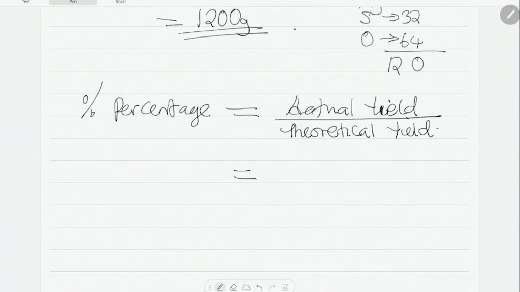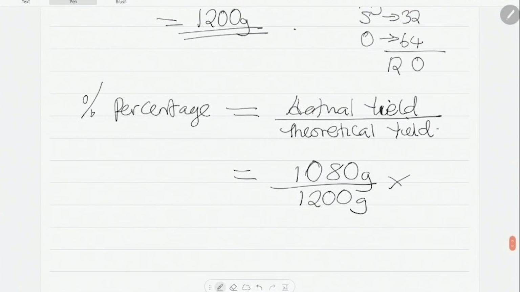So 1,080 grams, we divide that by the theoretical yield. The theoretical yield is the one that is calculated from the equation using mole concept, the one that is expected given the figures. That already we've calculated is 1,200 grams. So multiplied by 100%. So here you multiply by 100%.